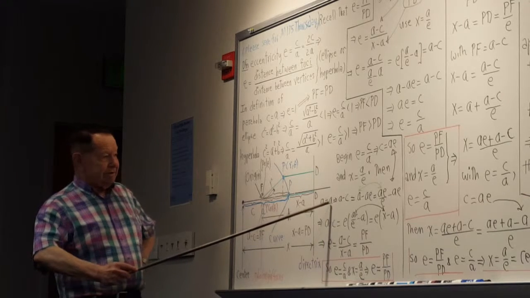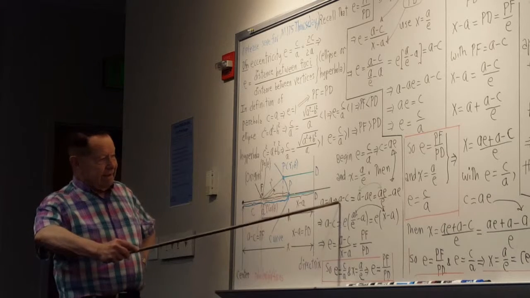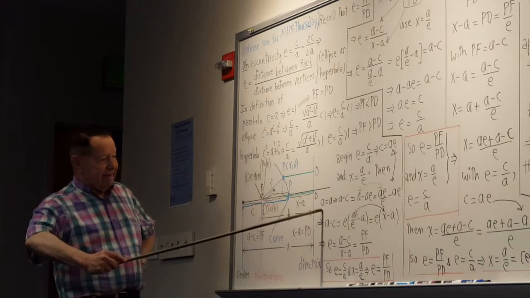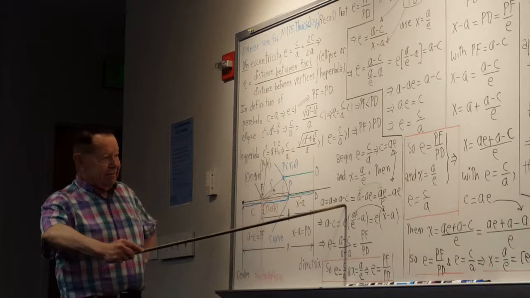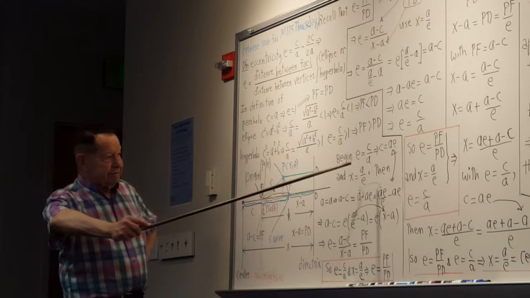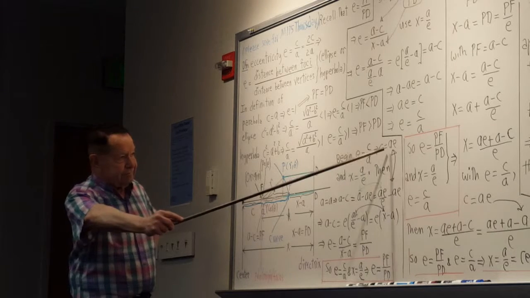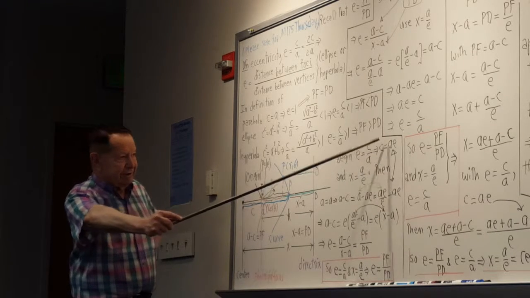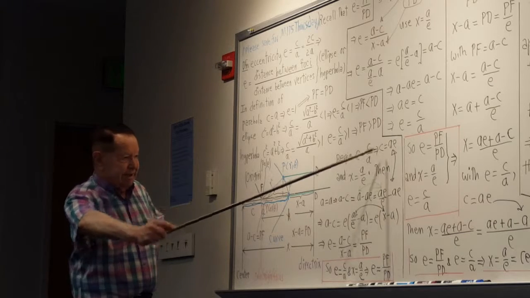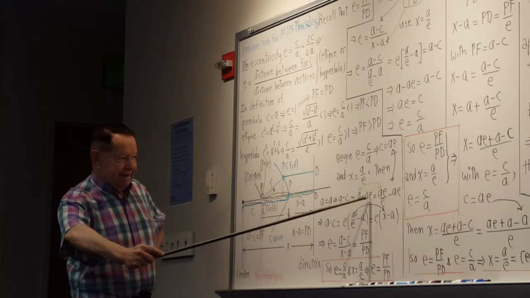a equals itself, certainly that's true, a equals a. And then from the left-hand a, I take away c, and from the right-hand side, using this definition of eccentricity, which says c is ae, I write the c on the right-hand side as ae.